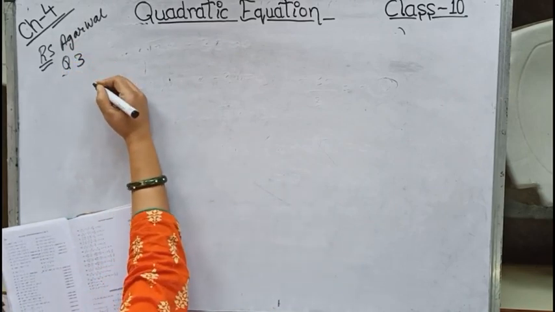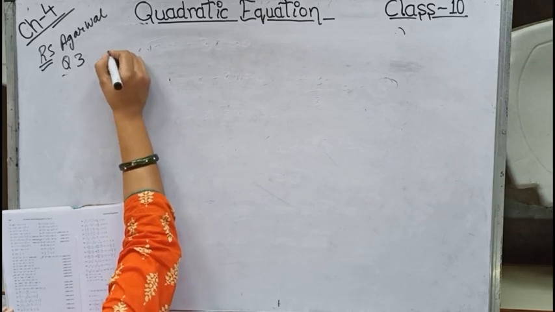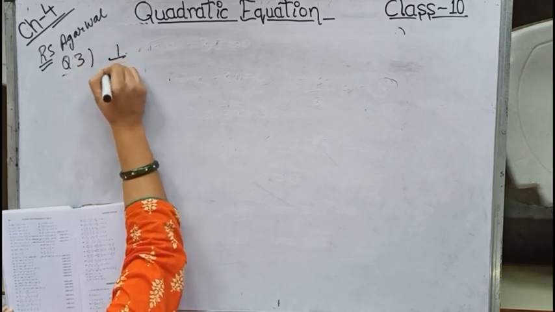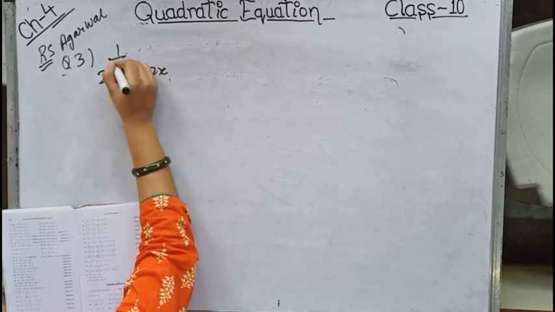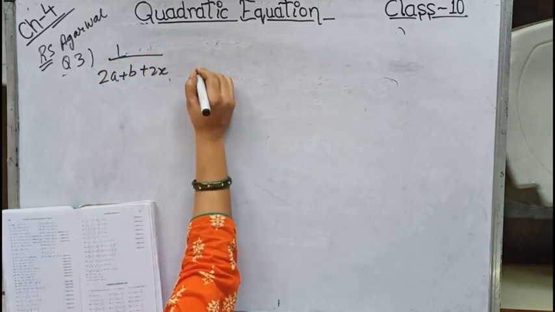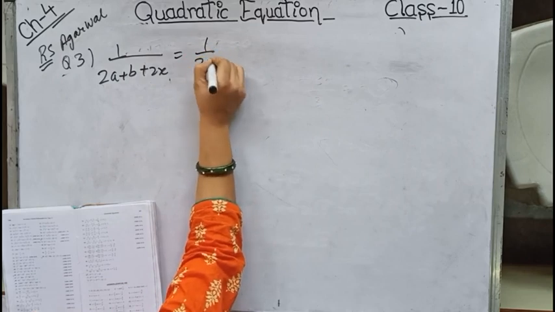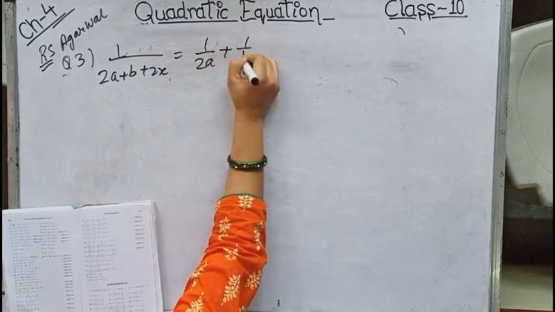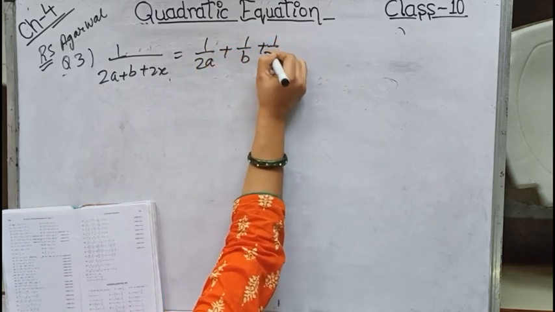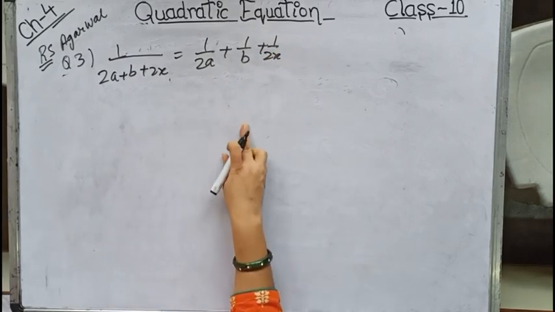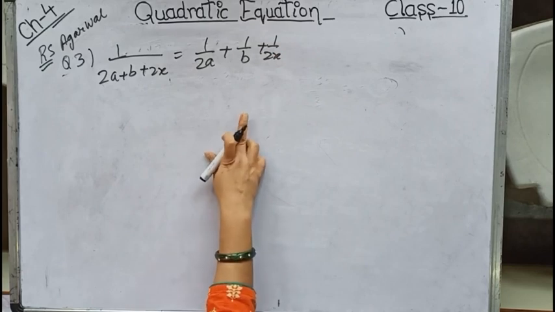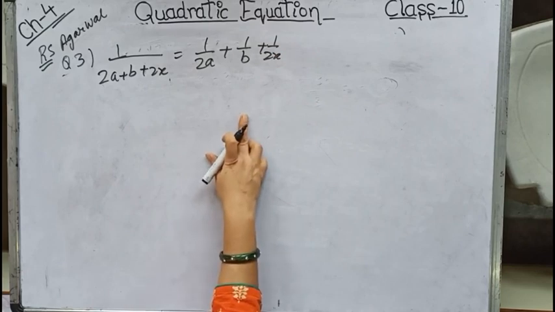Question 3: 1 by 2a plus b plus 2x equals 1 by 2a plus 1 by b plus 1 by 2x. So over here all the things are in the denominator. It's question number 56.